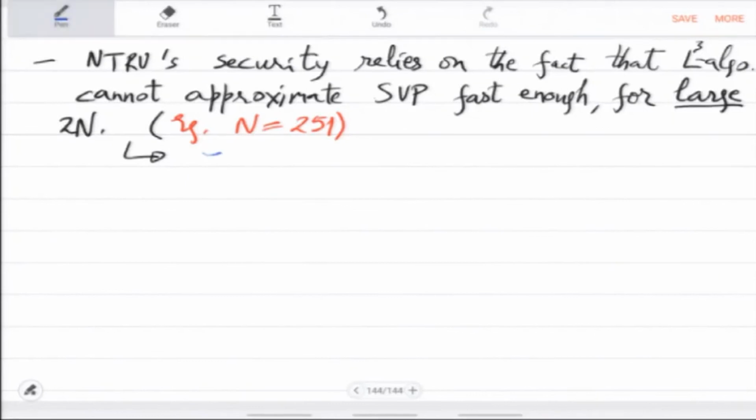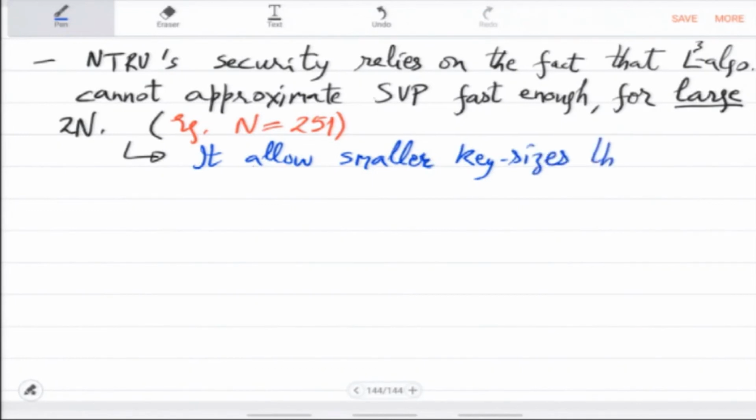So one advantage of this is that it allows smaller key sizes than RSA.